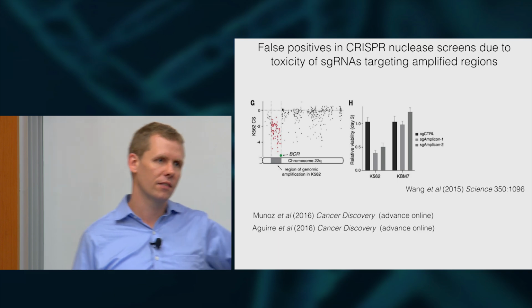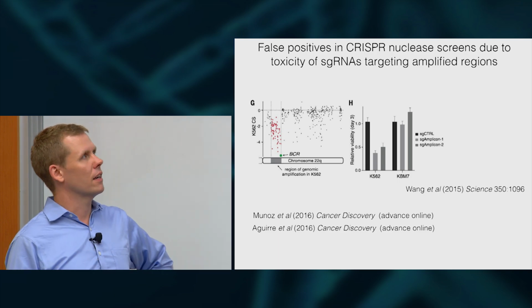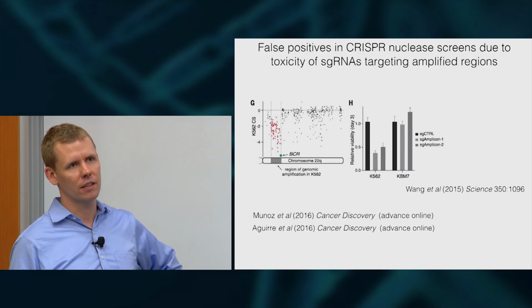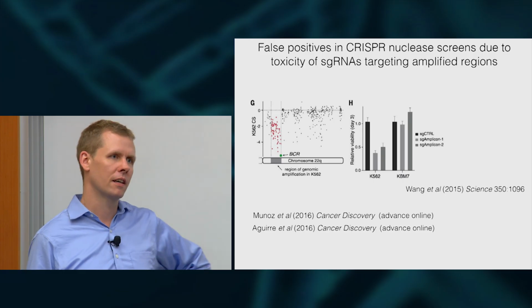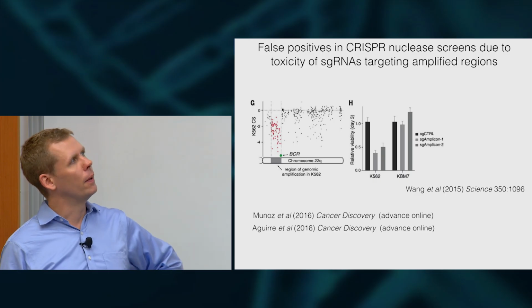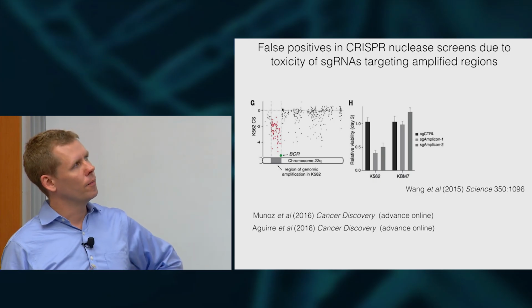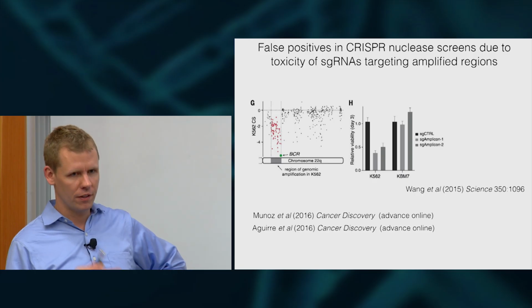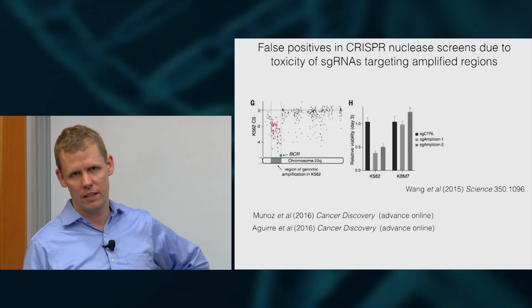So the idea is that targeting amplified regions and just making a large number of cuts per se is non-specifically toxic and leads to dropout of those guide RNAs out of the population, but it doesn't actually reflect an on-target toxicity of the intended target gene of those guide RNAs.